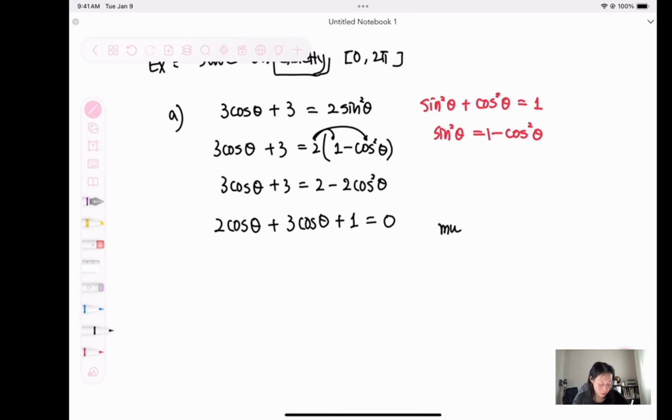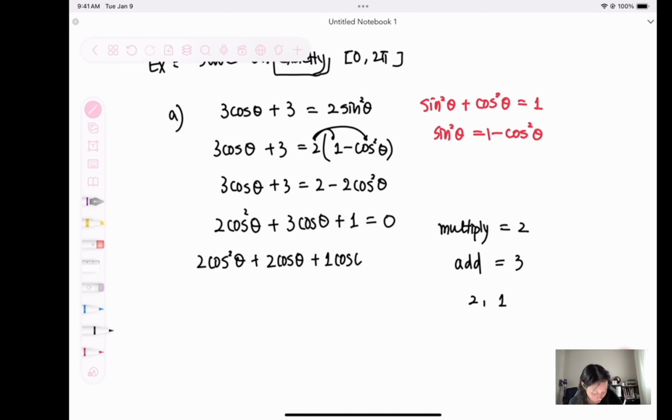so that I can apply either the AC method or the quadratic formula. The AC method means you want numbers that multiply to 2 and add to 3. Well, this one is easy: 2 and 1. So I have 2 cosine square theta plus 2 cosine theta plus 1 cosine theta plus 1 equals 0.